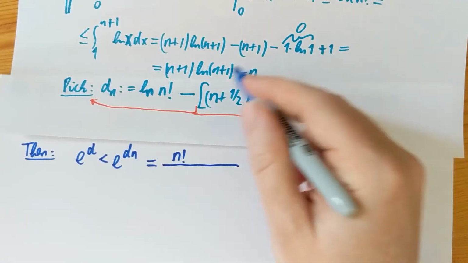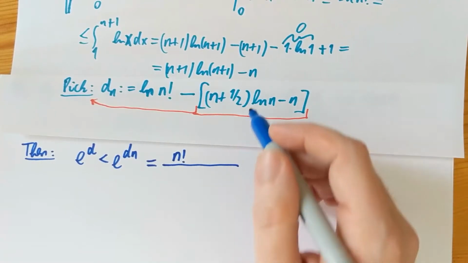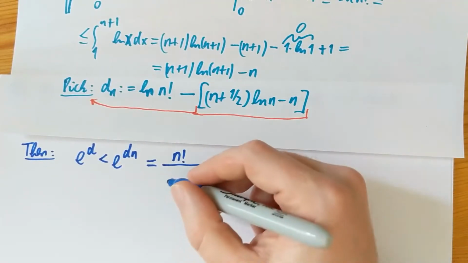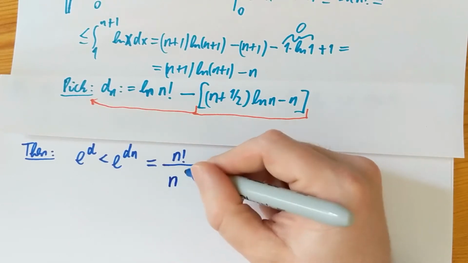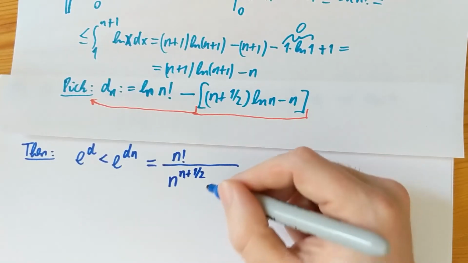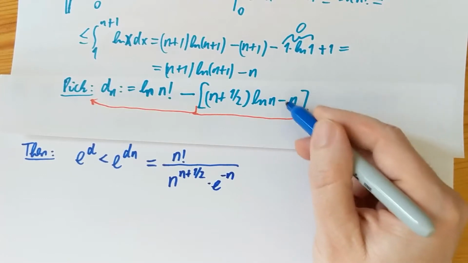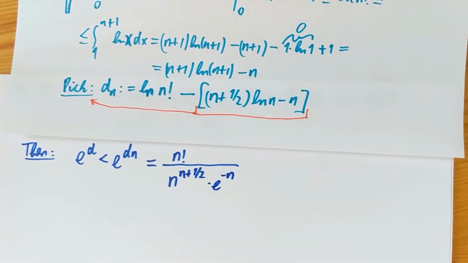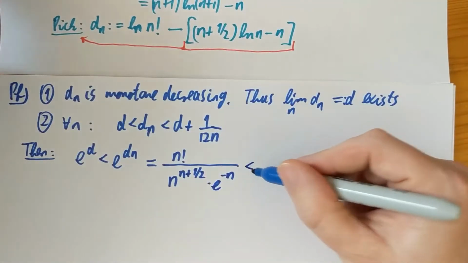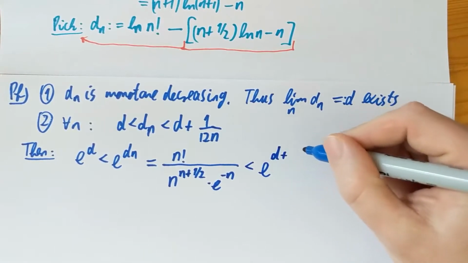Exponential of the parenthesis, except it's in the denominator because of this minus sign. So you have to take an exponential of all of this, and that's giving me n to the n plus 1/2 for the log, and it's also giving me an e to the minus n for this bit. Okay, and on the right hand side it's going to be smaller than exponential of d plus 1 over 12n.